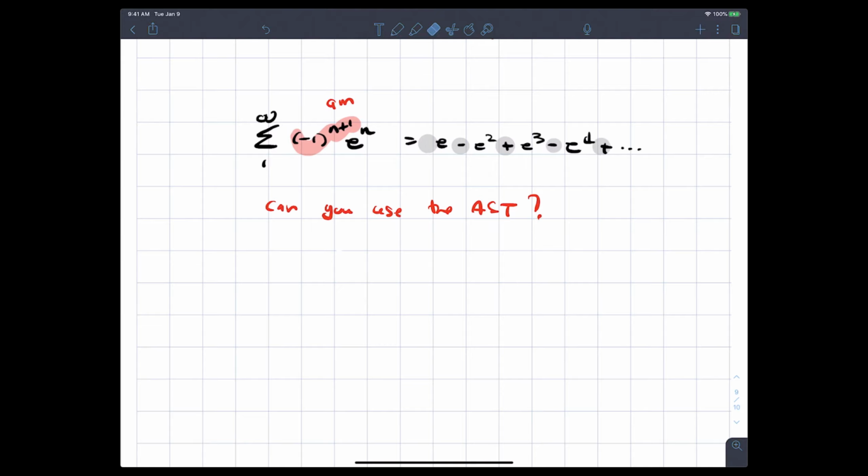And the answer is a big no. Because Bn is e to the n, and this is actually increasing. So it's an alternating series, but Bn is actually increasing here. How do you handle that?